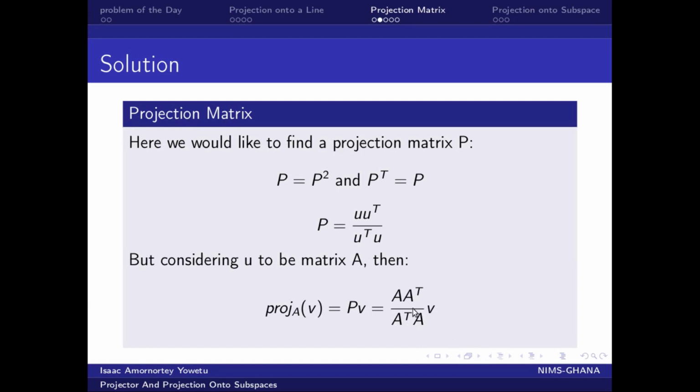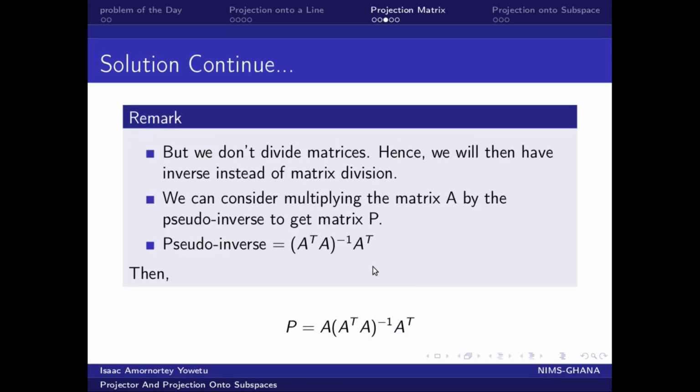If the inverse of this matrix is true, then we push this matrix up here, such that we have our matrix A times the inverse of this times the transpose, which is the same as multiplying A times the pseudo inverse, which eventually gives us our matrix P.